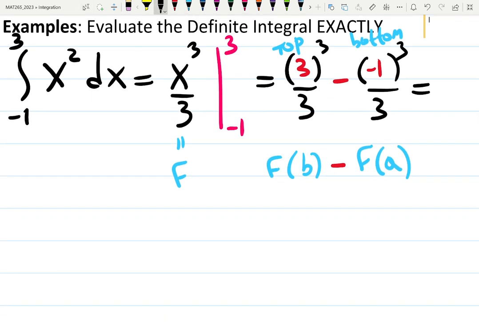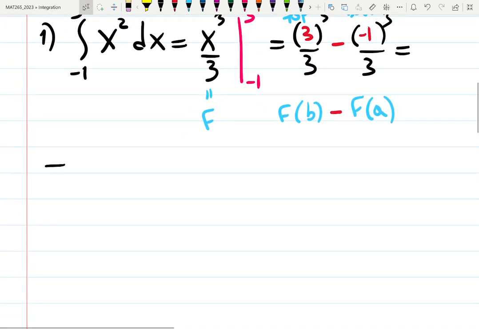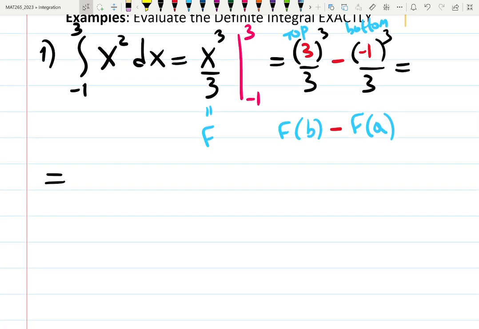And now you carefully, with people who are bad with algebra, this is kind of yoga. That's going to be your problem, I think. So try your best to double check on the test. 3 cubed gives you what? 27. And then minus, and you're like, okay, (-1) cubed is still -1. So minus minus 1/3.